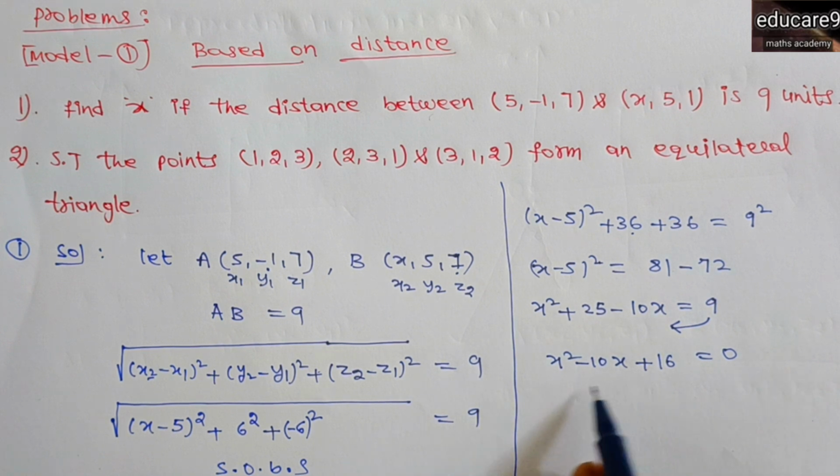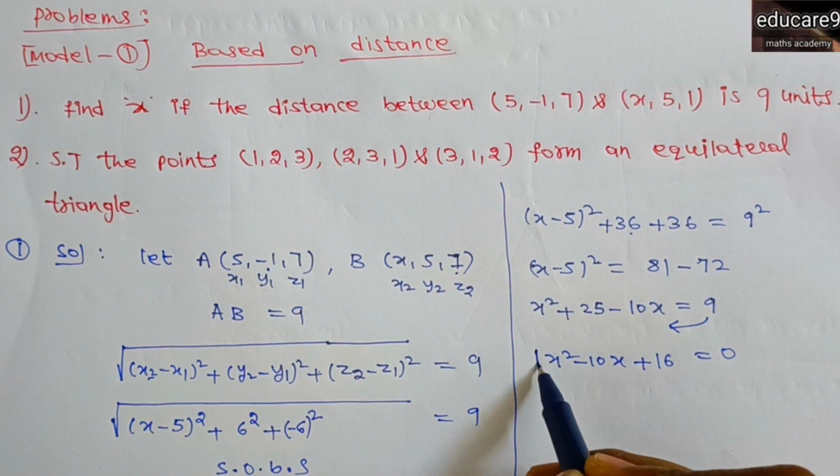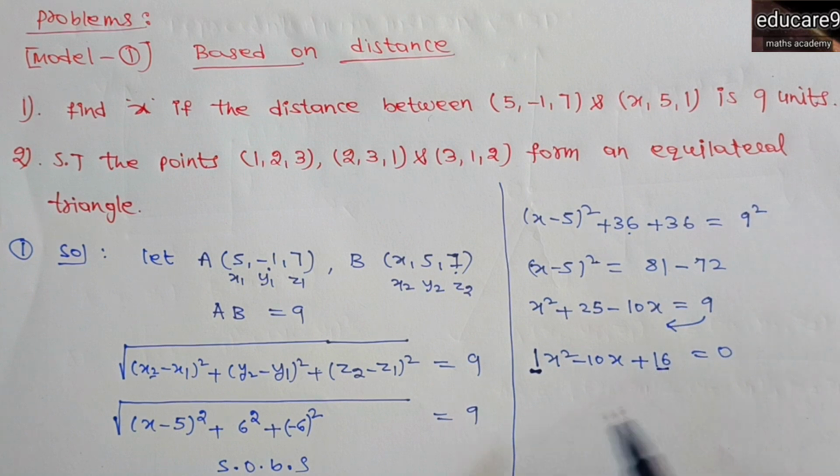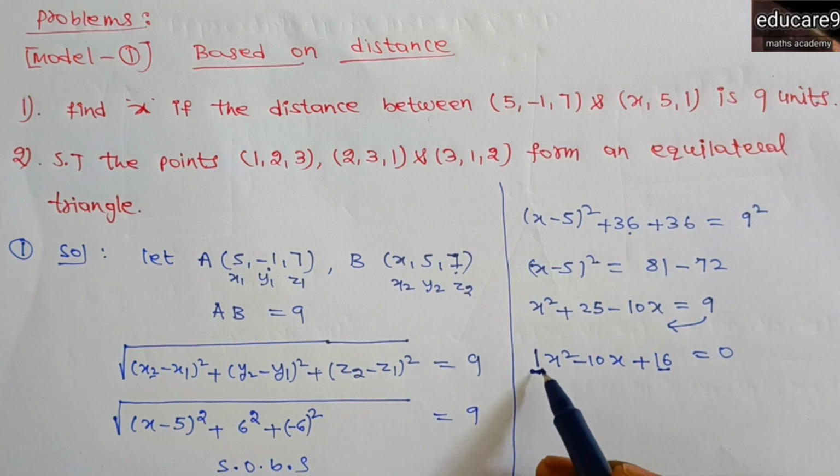Clearly, this is a quadratic equation in terms of x. To find the factors, we take the coefficient of x square and the constant and multiply them, 1 into 16.